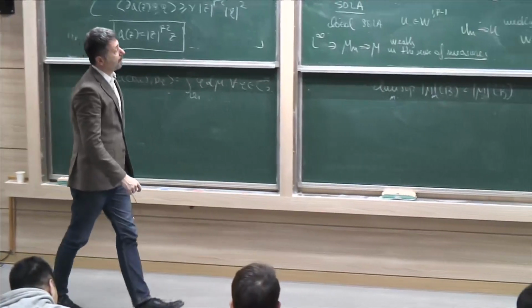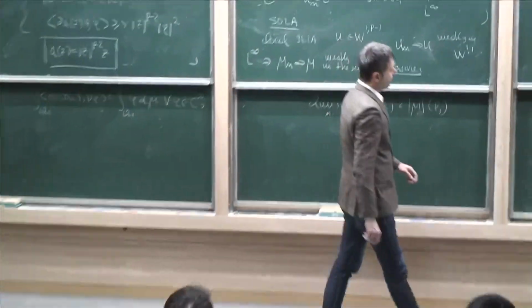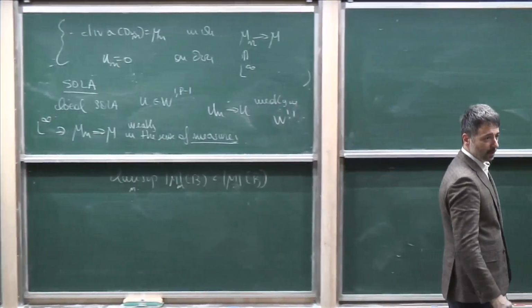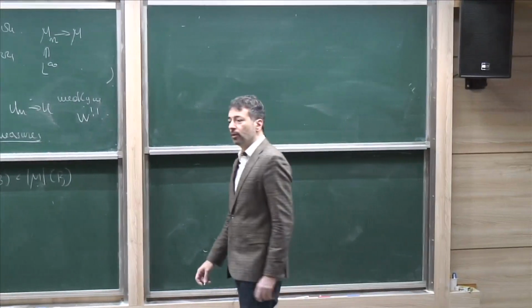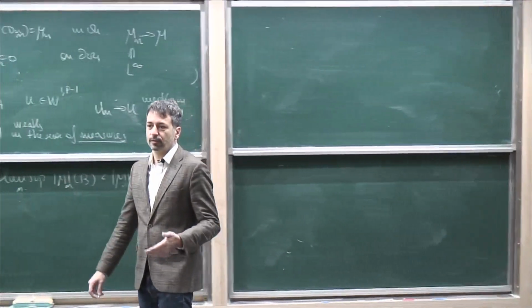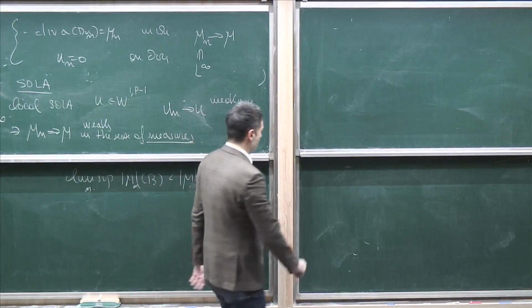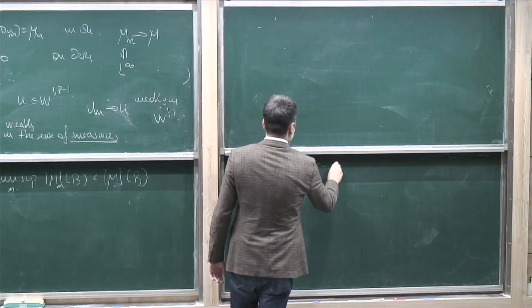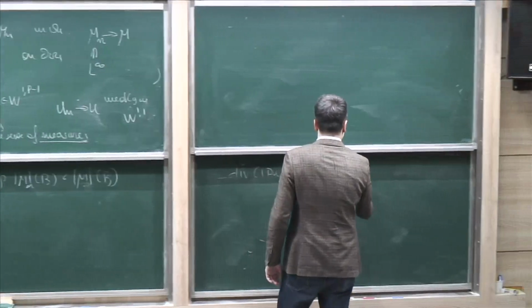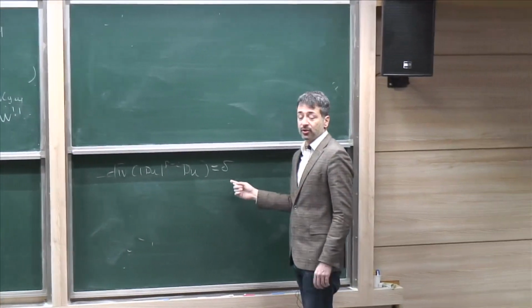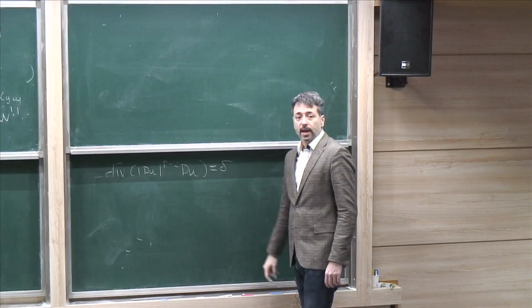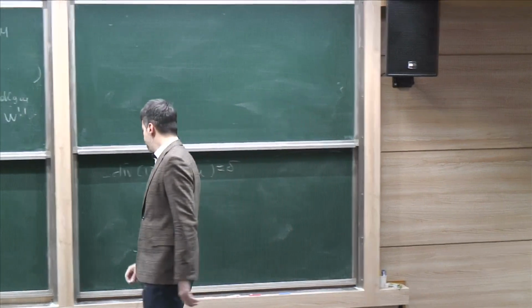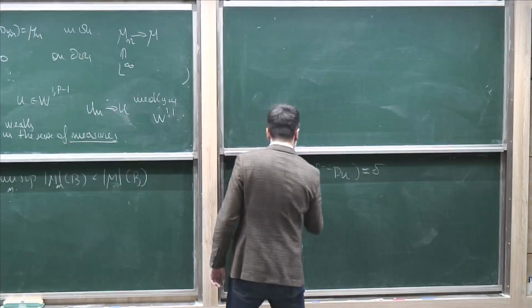Okay, what do you expect on such solutions? Well, if you look at the so-called nonlinear Green's function, the fundamental solution to this problem, where this is the Dirac measure charging the origin, well, then you will see that the Green's function is something like that.